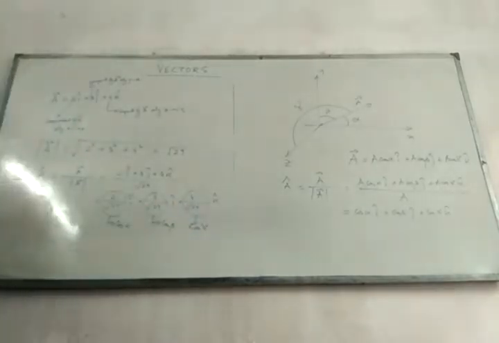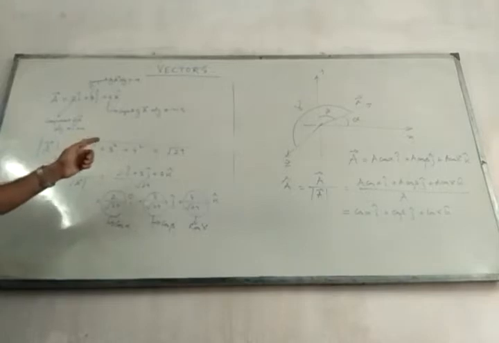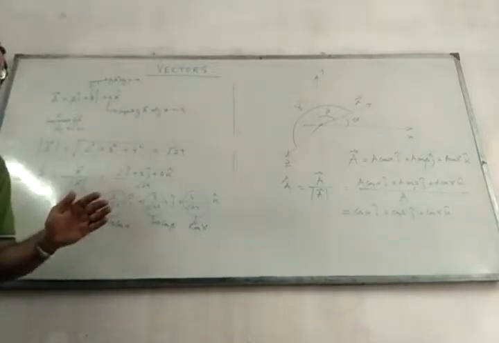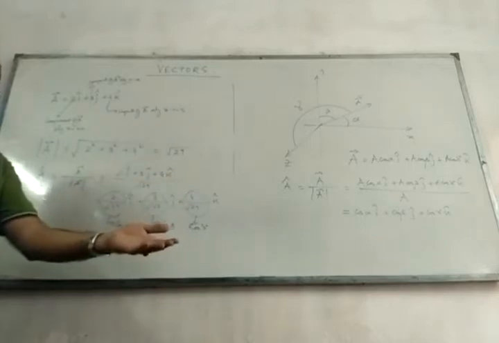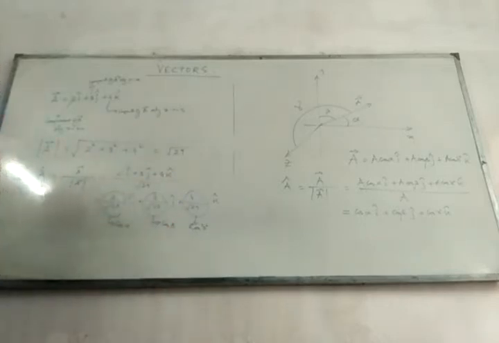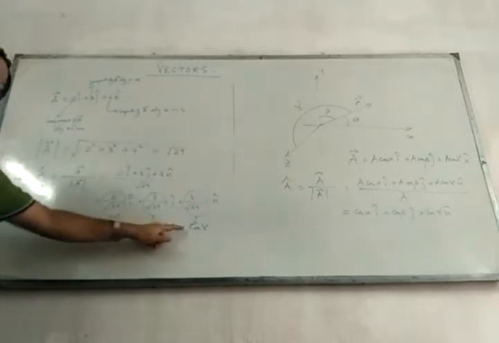So if a vector is given in ijk form, and they ask you what is the angle made by this vector with respect to the x-axis, y-axis or z-axis, then you first find the unit vector in ijk form.